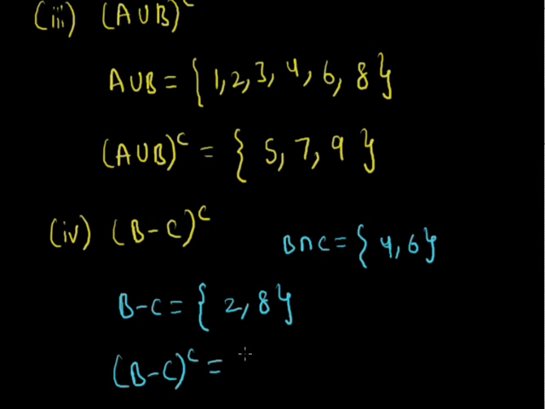So it means we need to remove the elements of B minus C from the universal set. The elements of B minus C are 2 and 8. So we need to remove 2 and 8 from the universal set. So we'll get 1, 3, 4, 5, 6, 7 and 9. So these are the elements which are there in the set B minus C's complement.